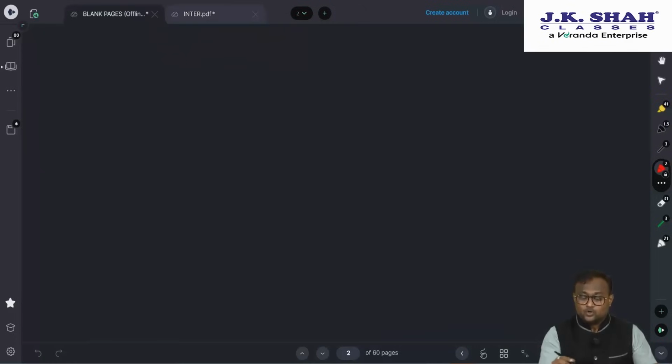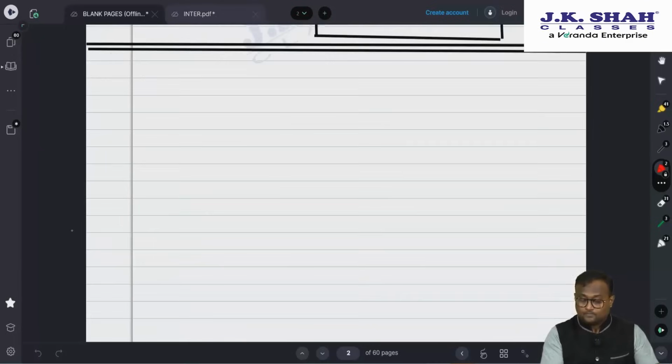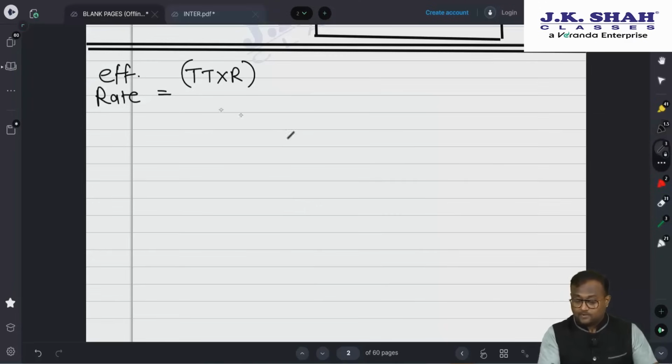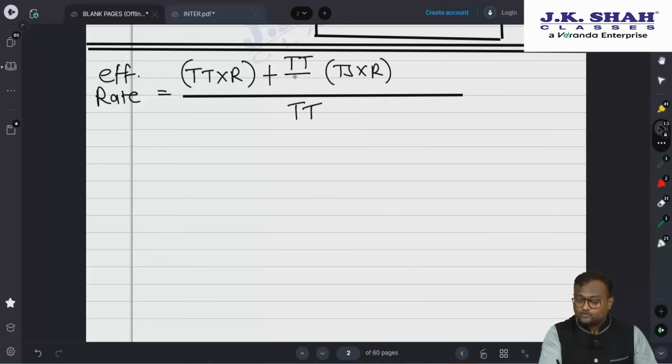Effective rate, you should know effective rate by now. Effective rate means total labor cost divided by time taken. Since we are going for Rowan, time taken into rate basic, time saved into rate bonus, and since the bonus will be in the proportion of time taken upon time allowed.